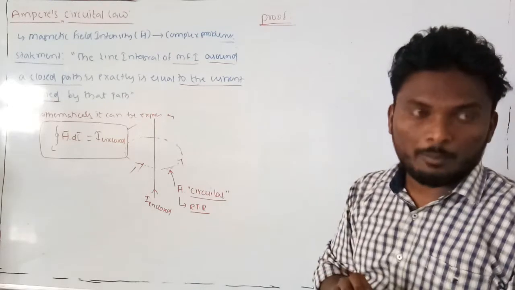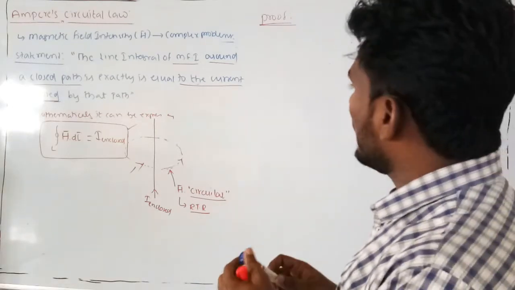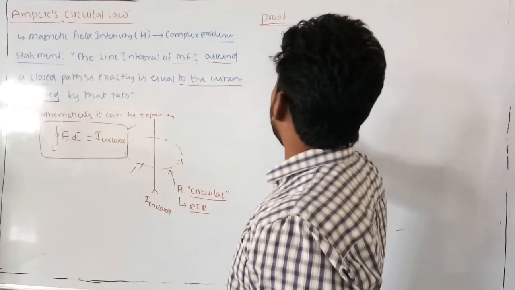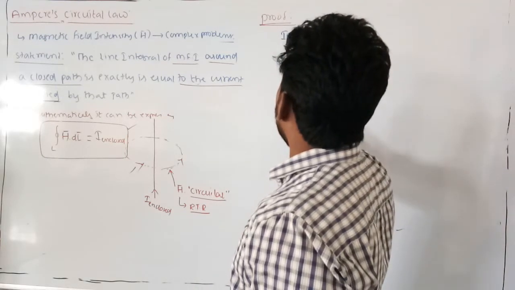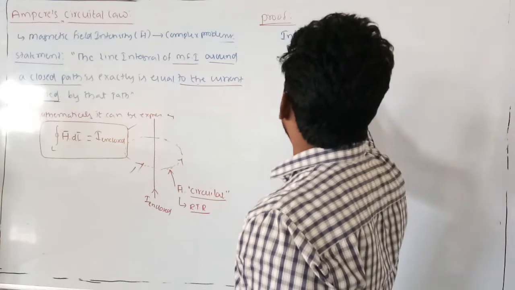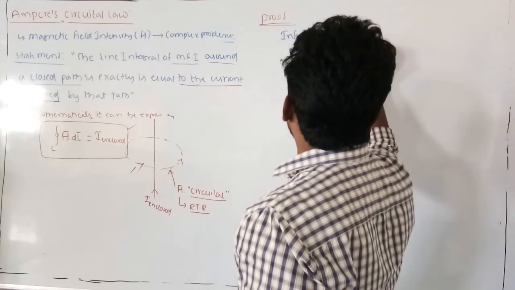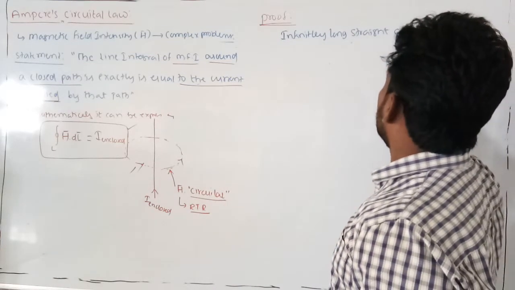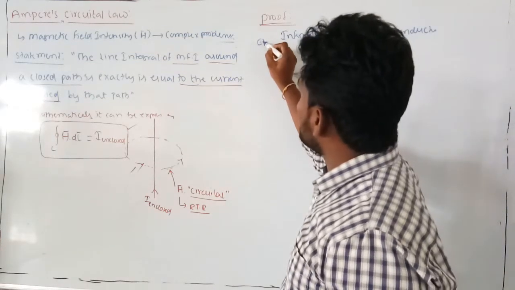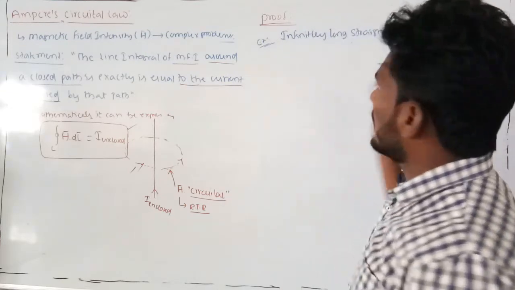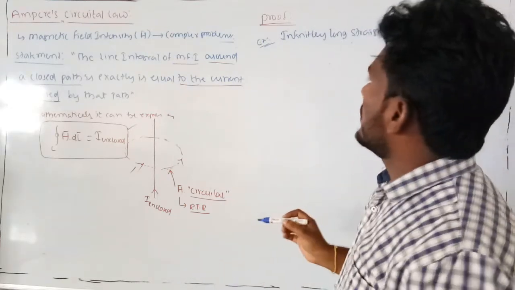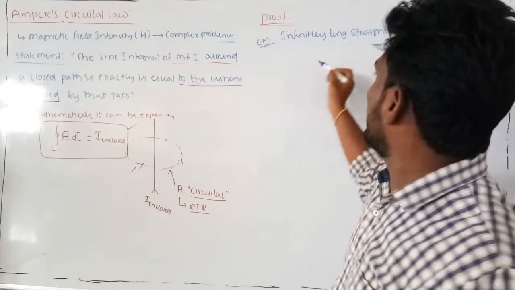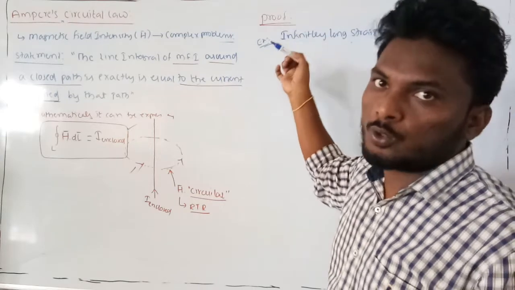To prove this Ampere's circuit law, take an infinitely long straight conductor. The magnetic field intensity due to an infinitely long straight conductor is already known to you.